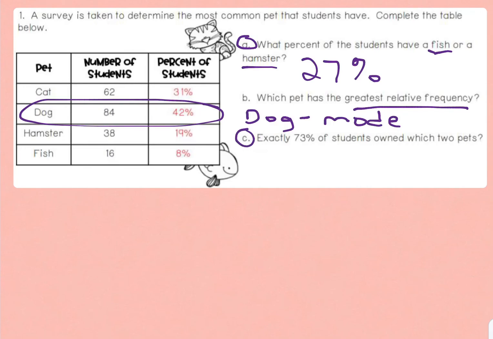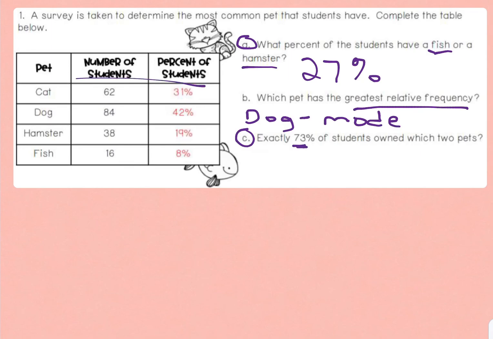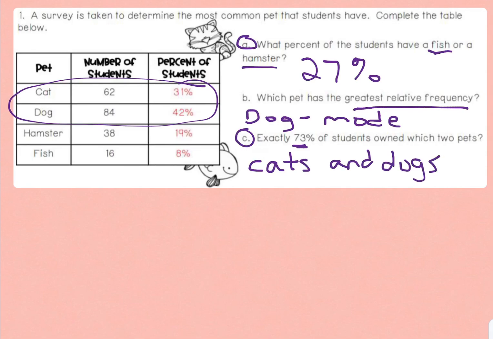Exactly 73% of students owned which 2 pets? So when you look at your percents, the only 2 that add up to 73 are going to be cats and dogs. So cats and dogs make up exactly 73% of students in this group.